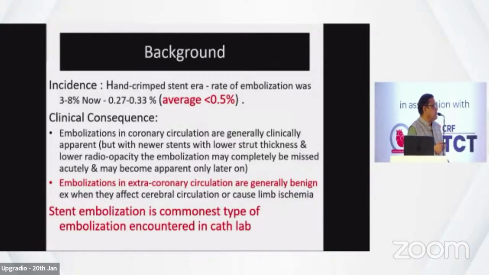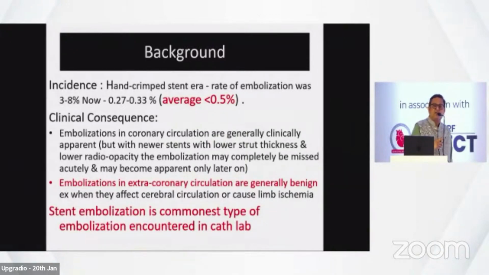The important thing to understand is that embolizations can happen in two places. They can happen in the coronary tree or they can be extracoronary. Once they happen inside the coronary tree, especially in the proximal part, they will be very dangerous.